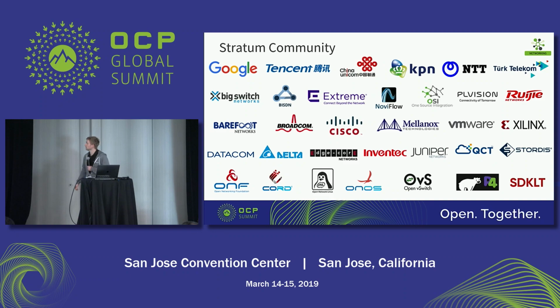From a community perspective, we've got Google and Tencent as our lead cloud operators, and then several telcos that have use cases and are talking about potential field trials and POCs using this technology. We've got a number of switch vendors, both on the ASIC vendor side, ODM, OEM side, and a number of open source projects we're currently collaborating with.